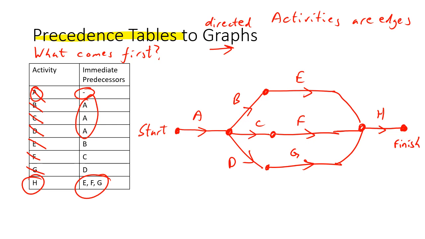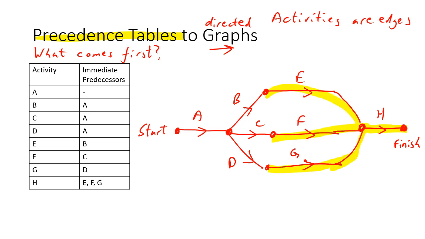In real life, they have computer programs that do all this and neaten up the diagrams later and make them all look a bit more balanced. But let's have a look at what we mean by that precedence. So if I look at activity H, if I flow back through the arrows, H does need G and F and E. I'm flowing backwards through the arrows, and that makes sense, right?